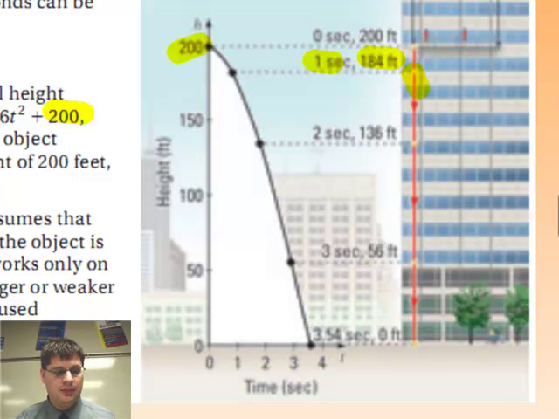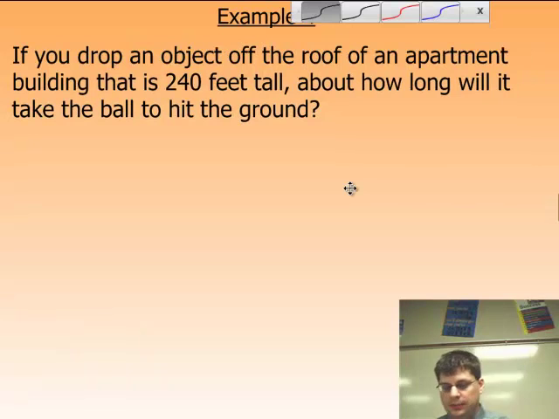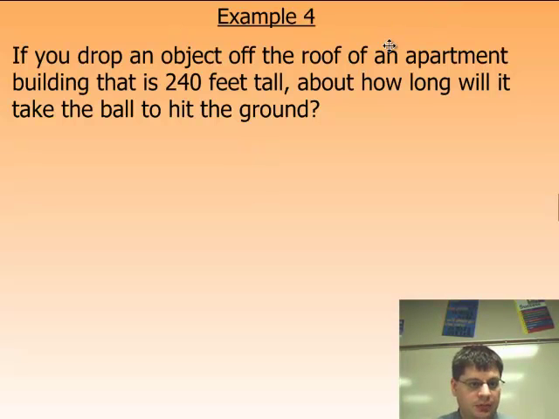So let's work out an example with this one. In our fourth example here, it says if you drop an object off the roof of an apartment building that is 240 feet tall, how long will it take the ball to hit the ground?